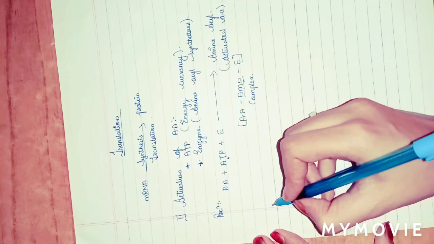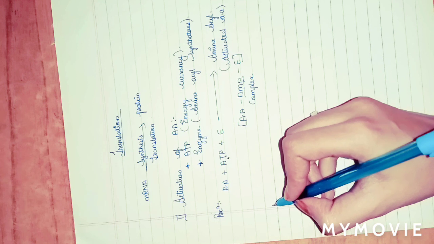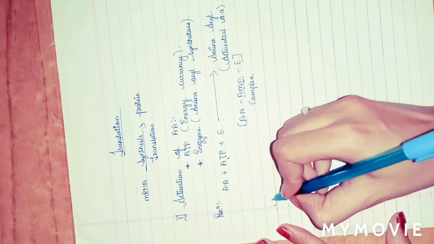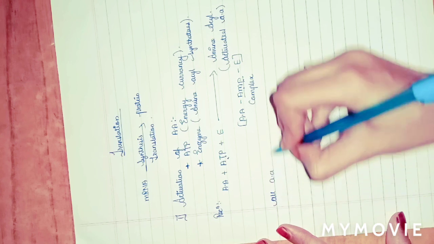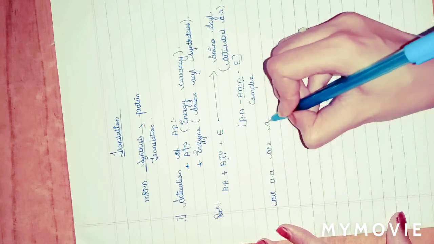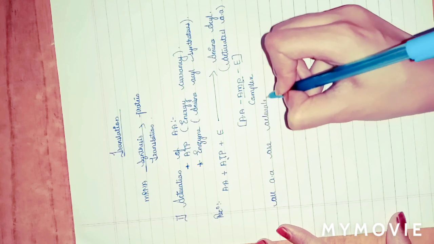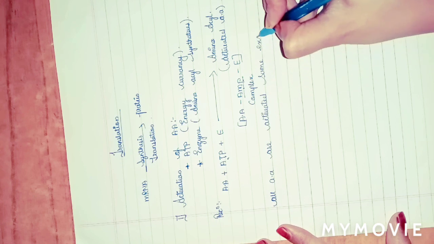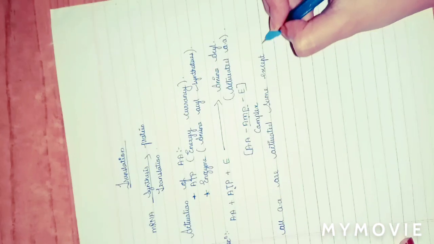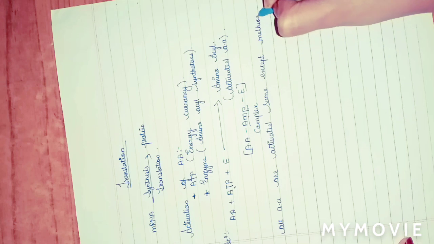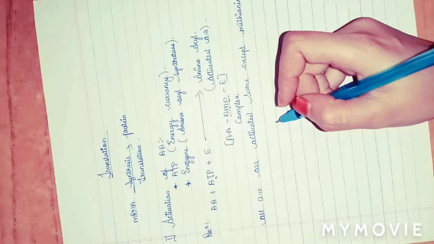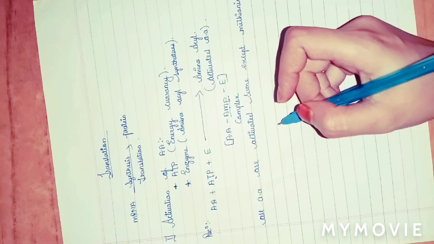Methionine is the one amino acid which is activated differently. Methionine is the first amino acid which comes for protein synthesis.